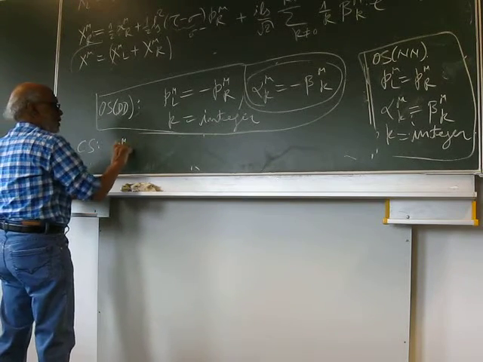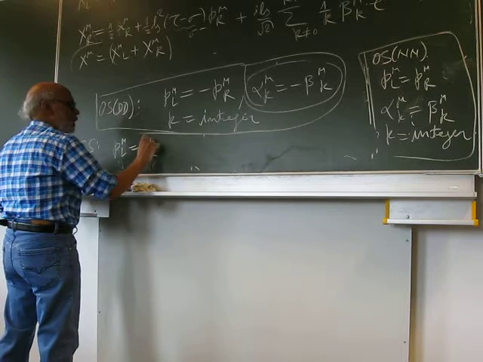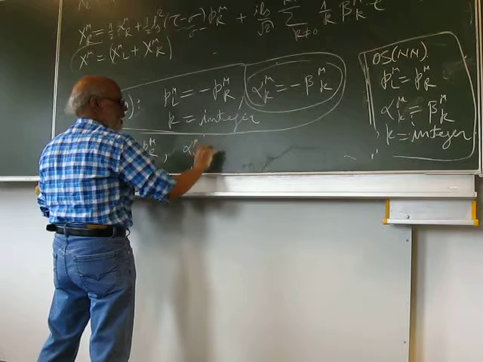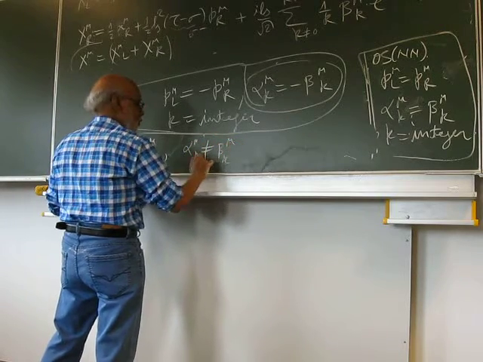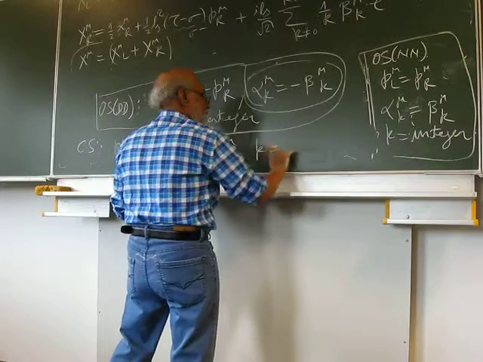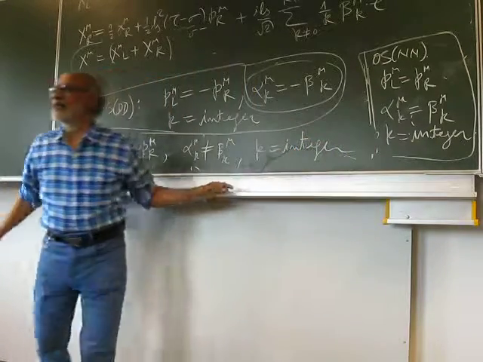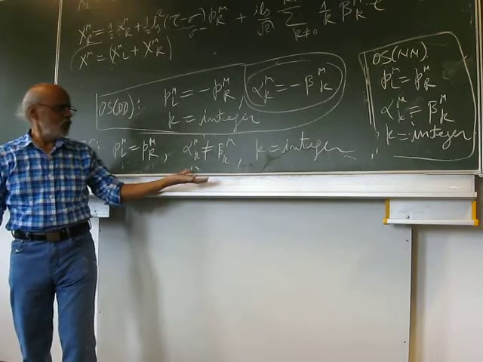P mu L is P mu R is fine, and alpha mu K is not equal to beta mu K, but K is still an integer. So no problem.